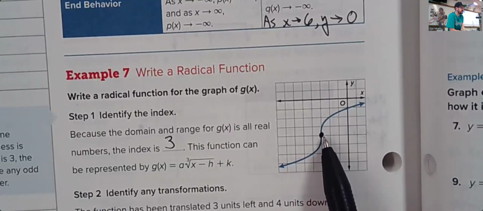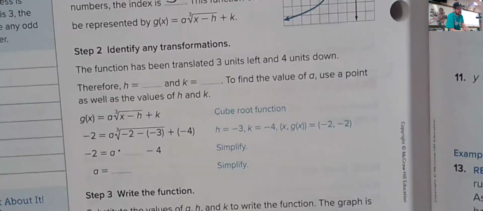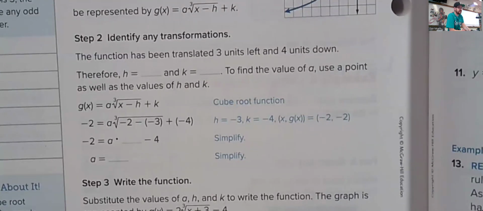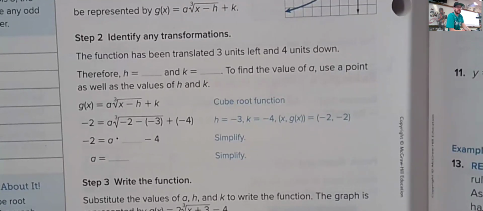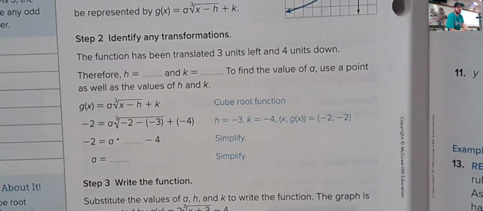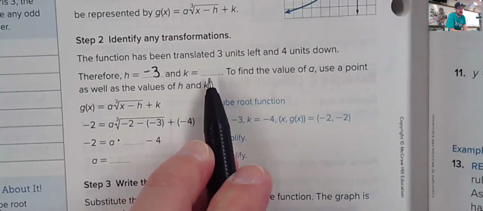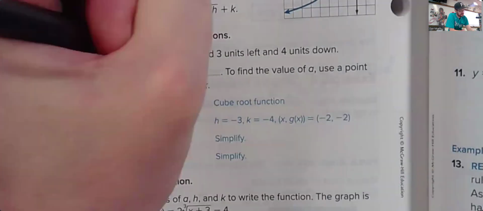Look for that point of rotational symmetry, and that will give you the translation. So the value of h, if you go left, is that a positive or a negative movement? Negative, so -3. And then k, up or down? Down 4, so -4.